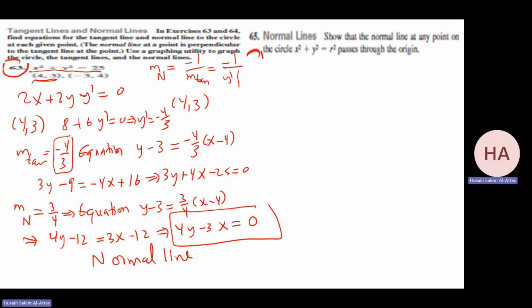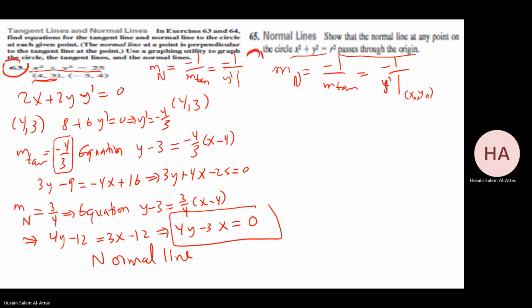Now show that the normal line at any point on the circle passes through the origin. So let us find the normal line. We agree m normal is minus 1 over m tangent, which is f prime or y prime at the point of tangency, which I can call x0 and y0, for any point.